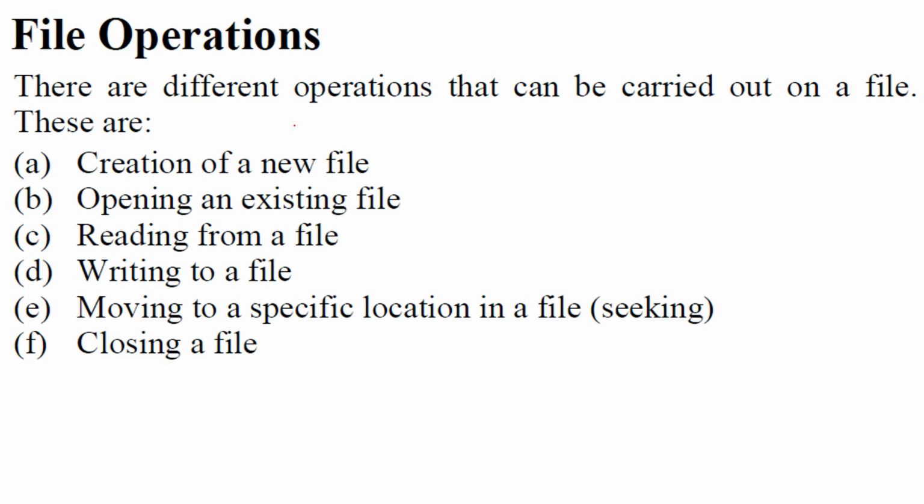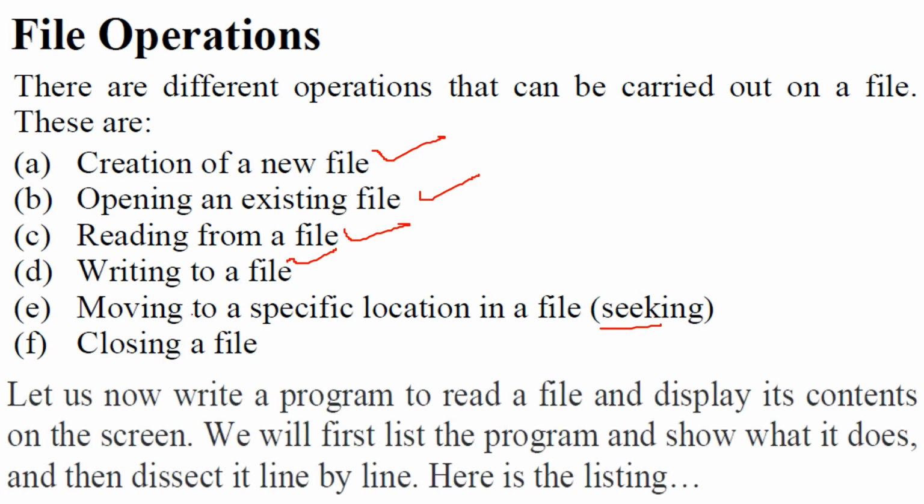File operations. When we are dealing with file input output, we have certain operations that can be applied on files. These are creating a new file, opening an existing file, reading from a file, writing to a file, seeking, meaning moving to a specific location in between the file, and the final one, closing of a file.